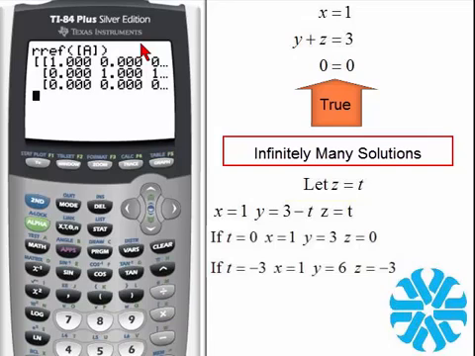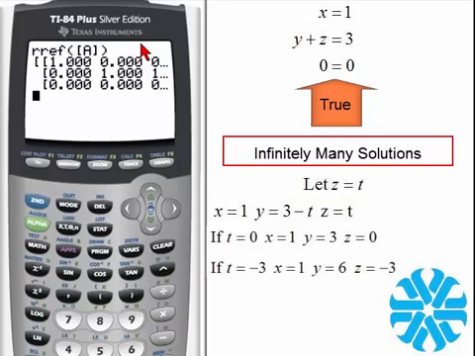If t is equal to negative 3, then x equals 1, y equals 6, and z equals negative 3. So what's unique about this system of equations is that x will always be 1, and the only two variables that change are y and z, and they are dependent upon the value that you choose for t.